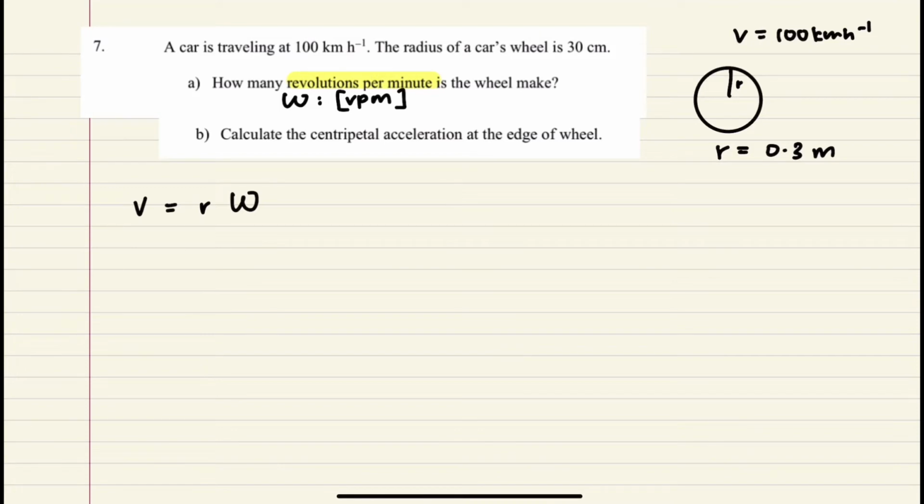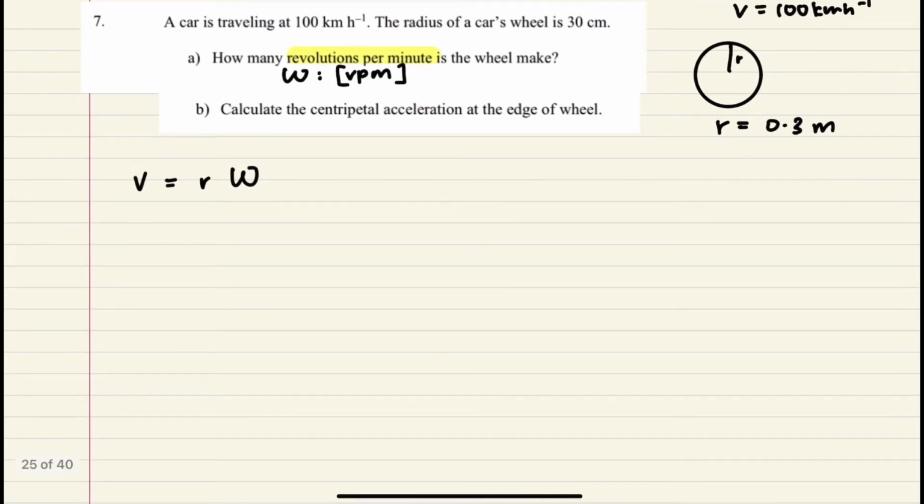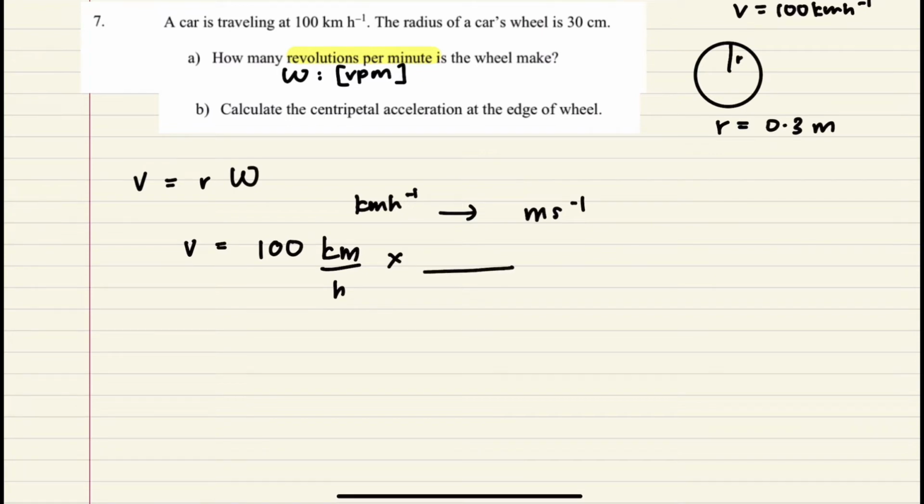You do have the v, but the v here is not in SI unit, so you have to convert it first. To convert this, I strongly suggest you use cross multiply. This is kilometer per hour, and I want to change to meter per second. To cancel out the kilometer, I have to put it on the opposite side. So kilometer is up there, so I put kilometer down here, and I want to find the unit m. 1 kilometer is 1000 meter.